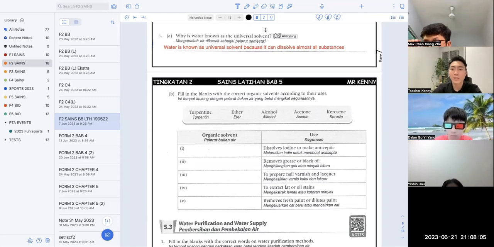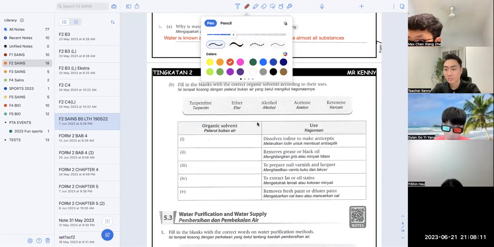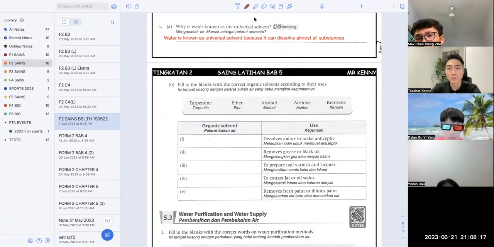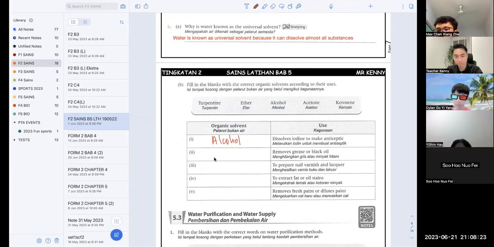Next, to make iodine, to make antiseptics, you need alcohol. Remove grease is which one?